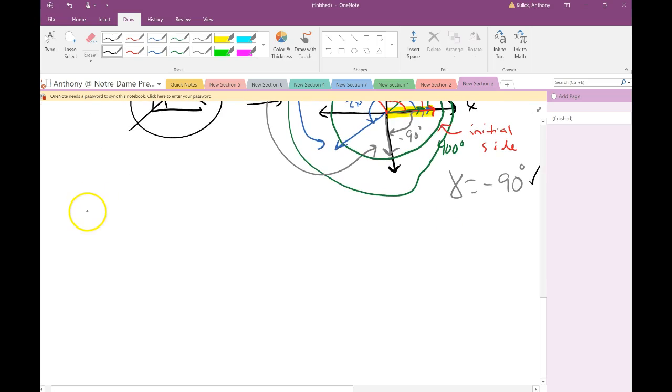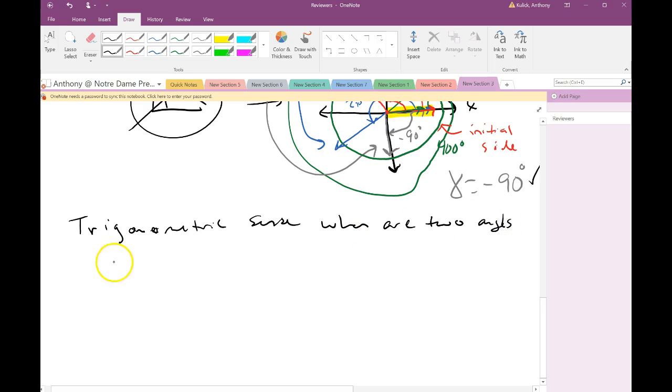So in a trigonometric sense, having this definition, we can talk about when two angles are the same, or what it means for them to be the same.